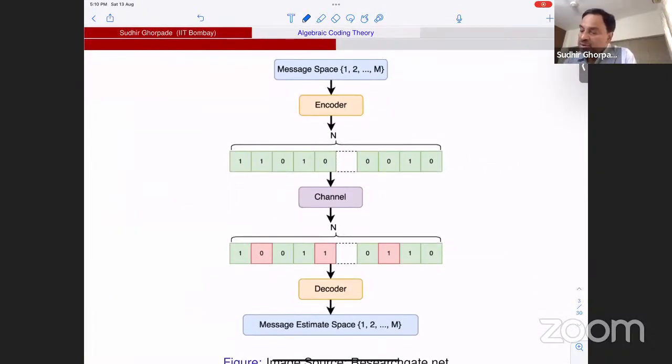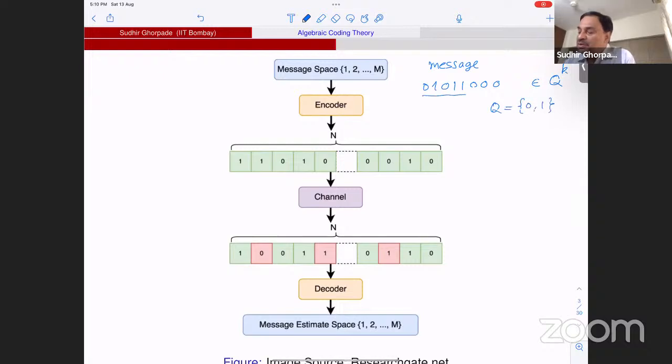Your message may come from a message space, and this message could be some string of 0s and 1s. Mathematically, this belongs to the set of k-tuples of some alphabet set; here I have taken q to be 0 and 1.